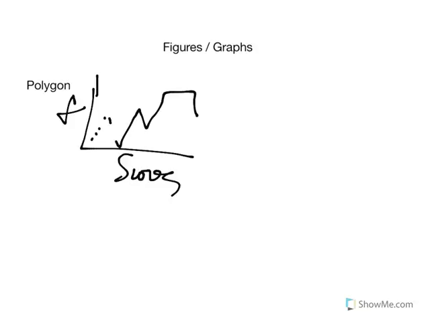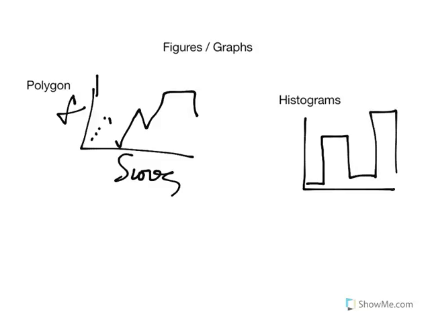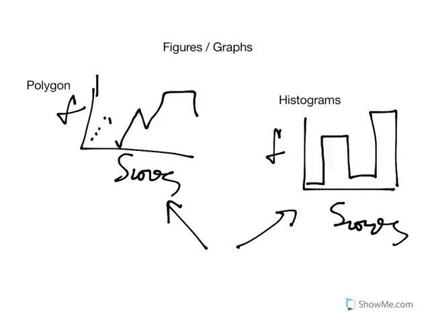And we talked about histograms. Histograms, we have what look like bars. We talked about them not being bars, something like this, with frequency over here and scores down here. There are rules about when you use each one, but we're not going to focus too much on them.